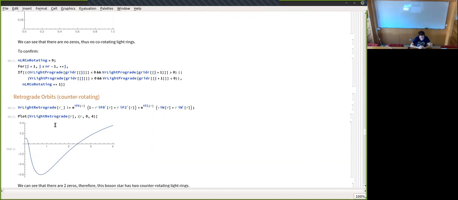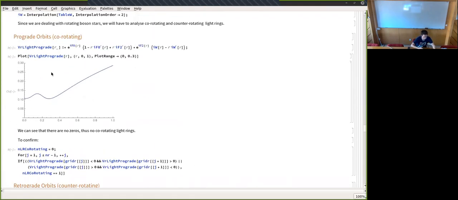No, it's a property of the Boson star. Even the most compact rotating Boson stars do not develop them. Yeah, can you repeat the question? Alexander was asking if this result, that we did not obtain any co-rotating light rings, was just in this case or for all cases.